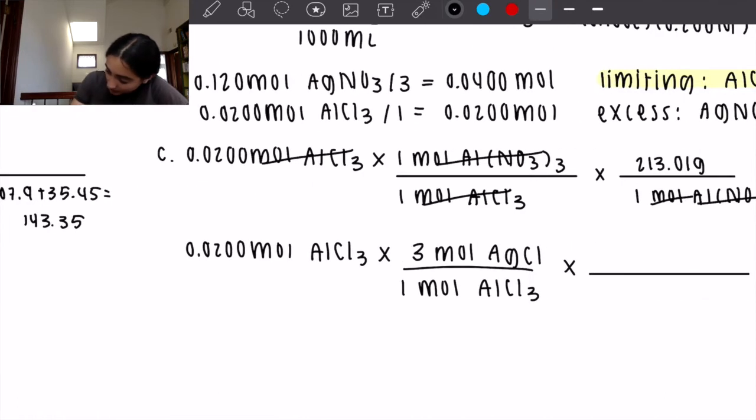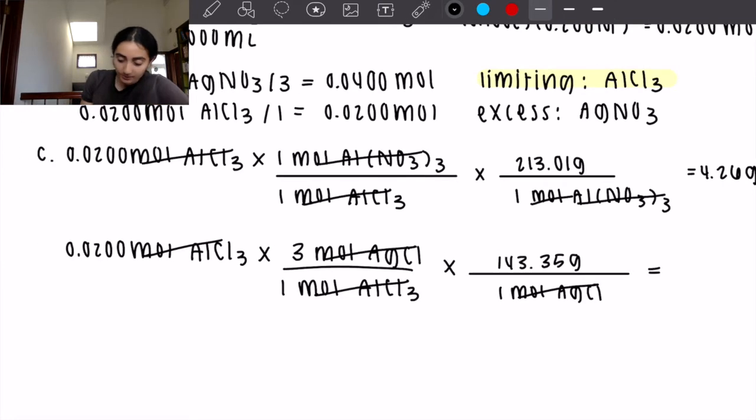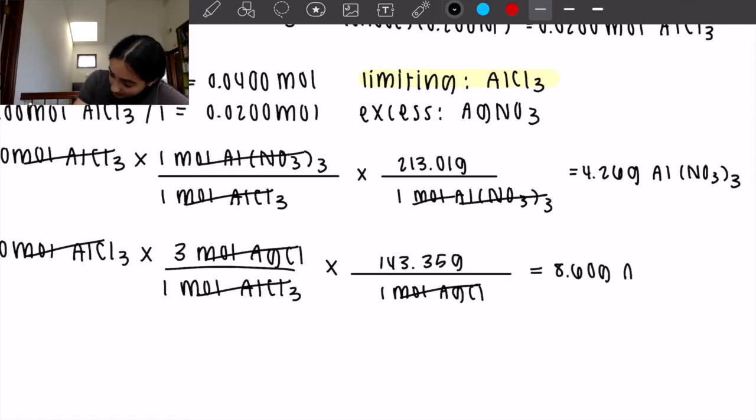So we have 143.35 grams per 1 mole AgCl. As usual, these units will cancel out. And we are going to multiply 0.02 by 3 by 143.35 to get 8.60 grams of AgCl.